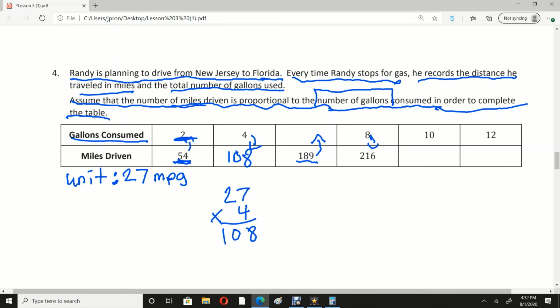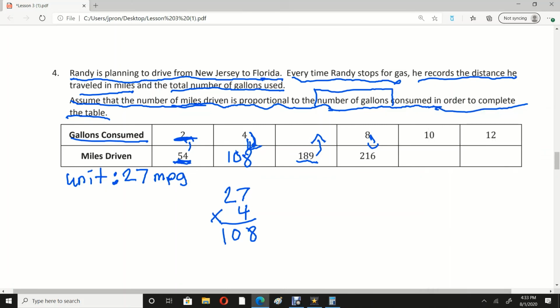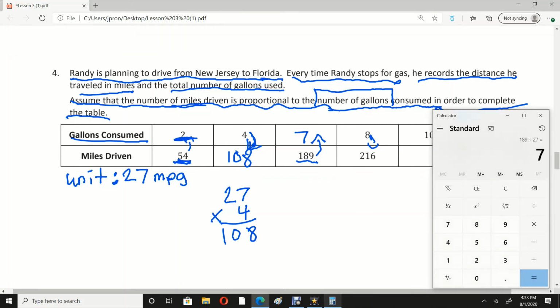If we multiplied going from gallons to miles, we would divide going from miles to gallons. So if we traveled 189 miles, we'll divide that by our miles per gallon, 27 miles per gallon, which means we used 7 gallons of gas. Very good.